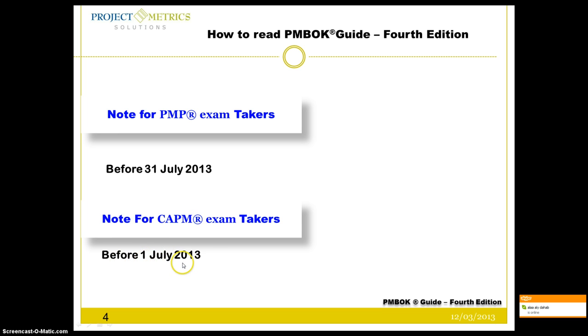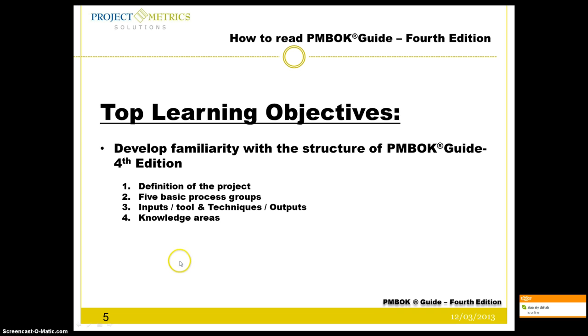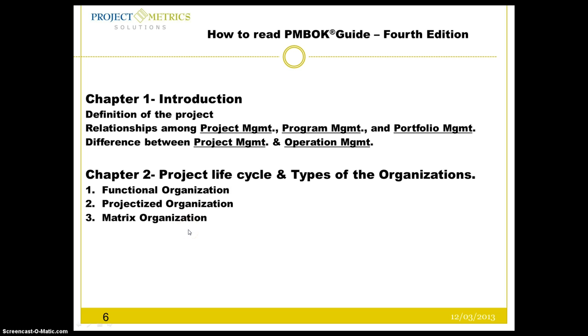What we are going to talk about today is the objectives: to develop familiarity with the structure of the PMBOK Guide, fourth edition. Four things: the definition of the project, the five basic process groups, the inputs, tools and techniques, and the outputs, and the knowledge areas.